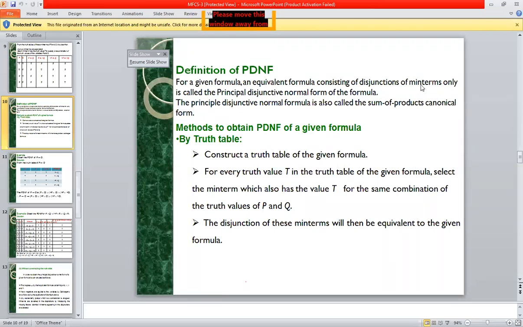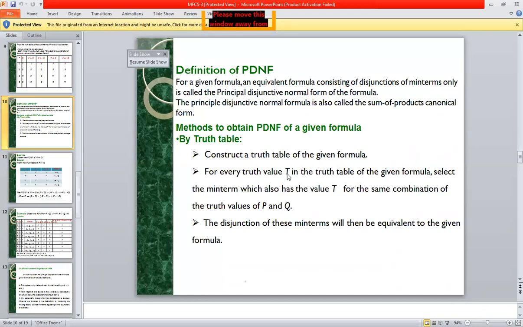Simply, sum of products or disjunctions of minterms. Methods to obtain PDNF of a given formula. First method, by truth table. Construct a truth table of the given formula.